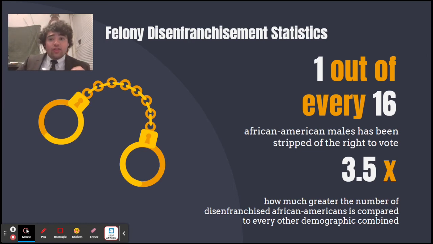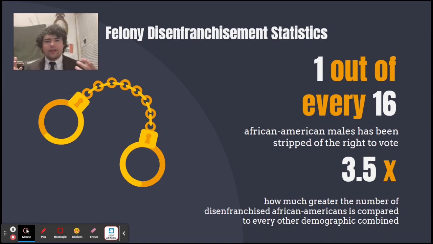And the rate at which African American males are disenfranchised of their rights is 3.5 times greater than every other demographic combined. It is plain and clear how disproportionate felony disenfranchisement affects the African American community.